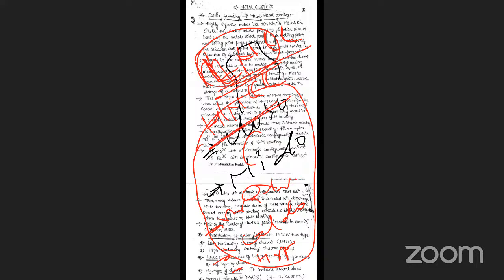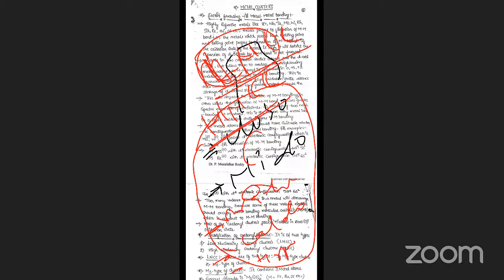Okay. So, which type of metals form clusters? Some metals have some different properties. Which type of metals form clusters? Transition metals.